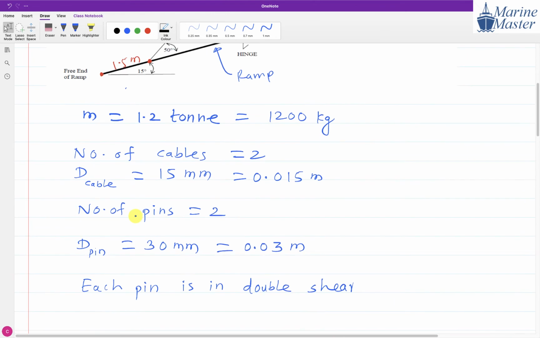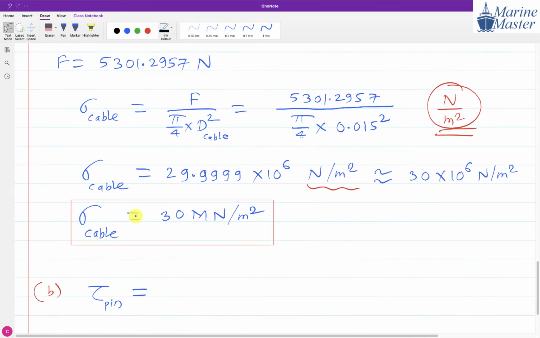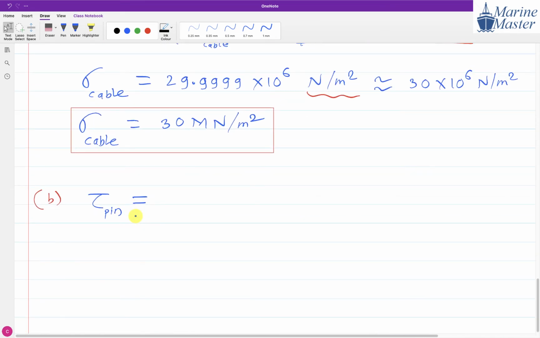Double shear, therefore force divided by 2A, meaning 4A. One pin having 2, so shear force divided by 2 for the number of pins, 2 for double shear, and into area. And area will become pi by 4 dia of pin square. You are getting my point?